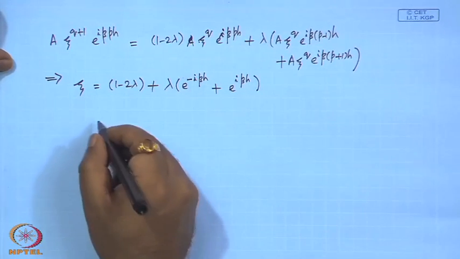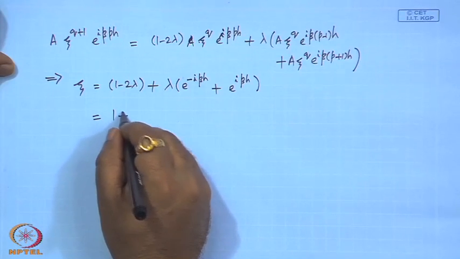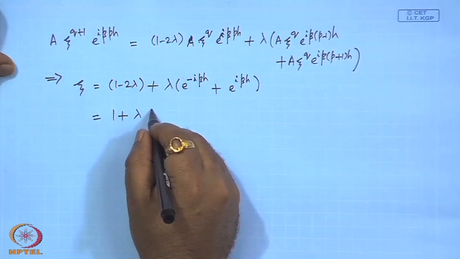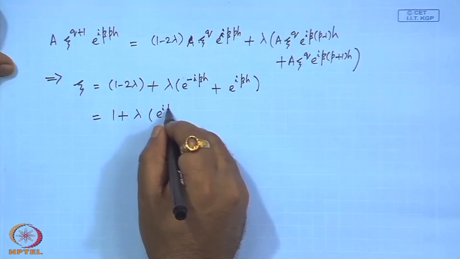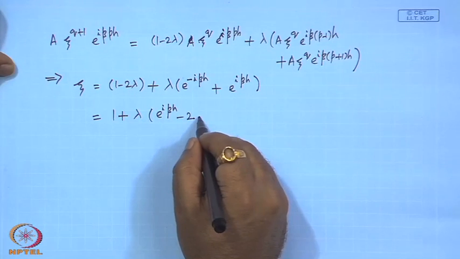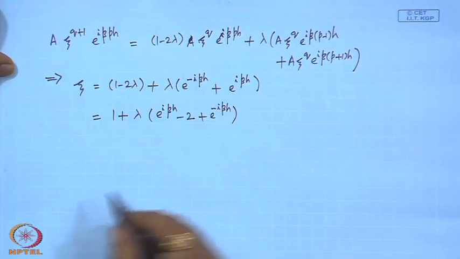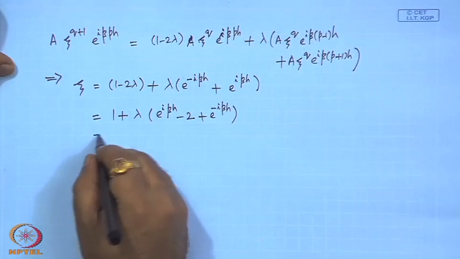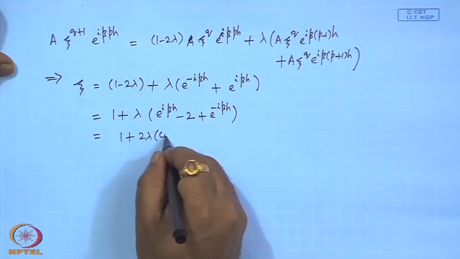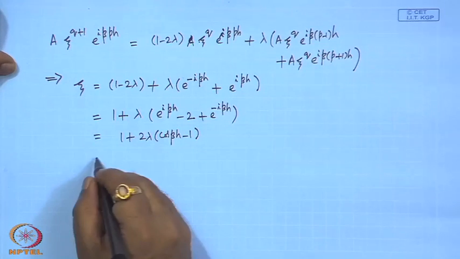Okay. So, this can be simplified: 1 plus lambda minus 2. So, I have taken this term inside. Okay. So, then this is 1 plus 2 lambda. So, this is just an adjustment.